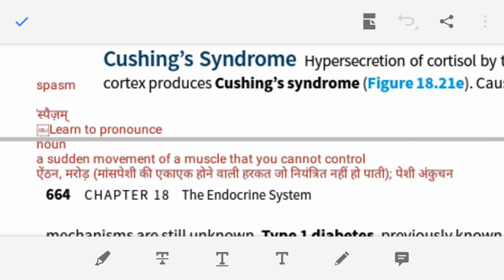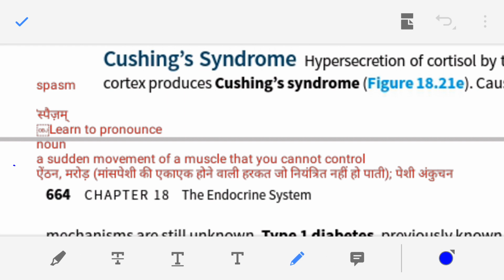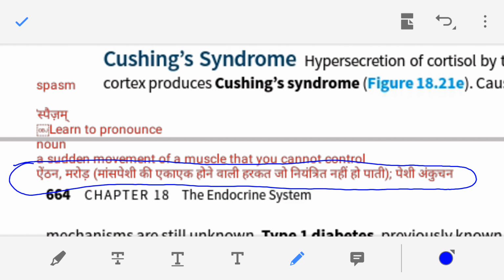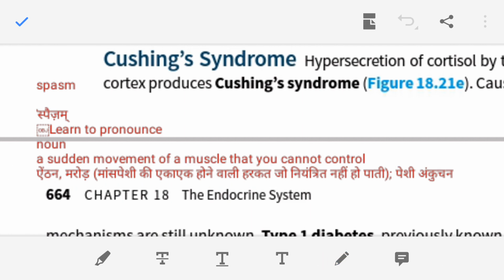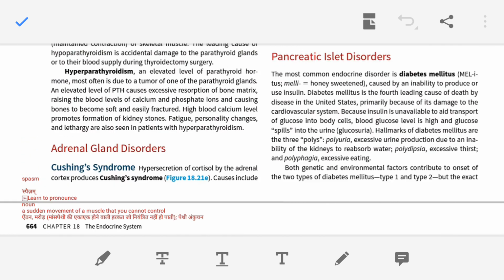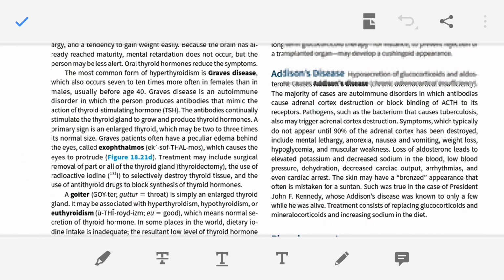And here in Hindi they have also given the meaning of spasm, if you can understand Hindi.